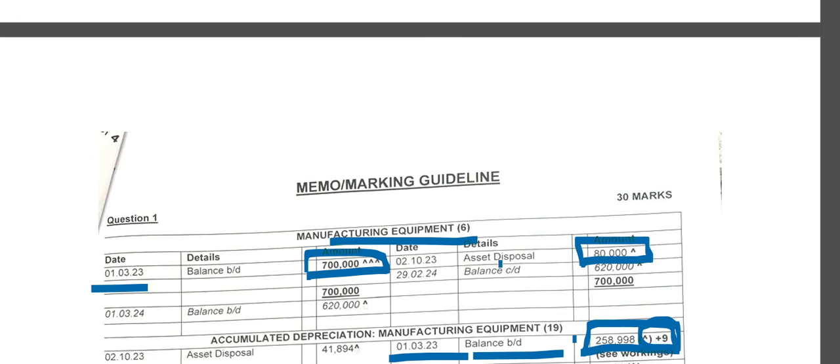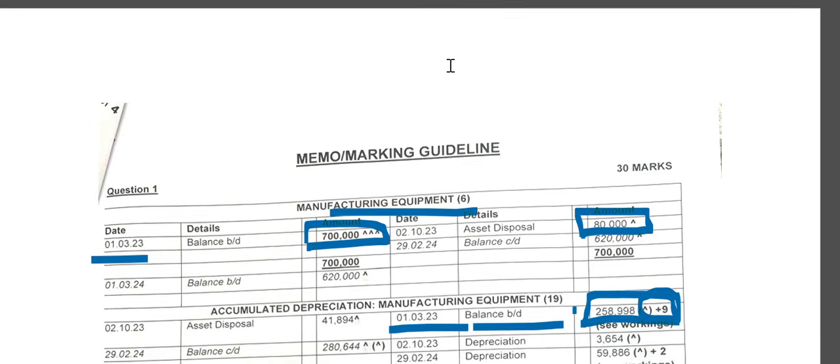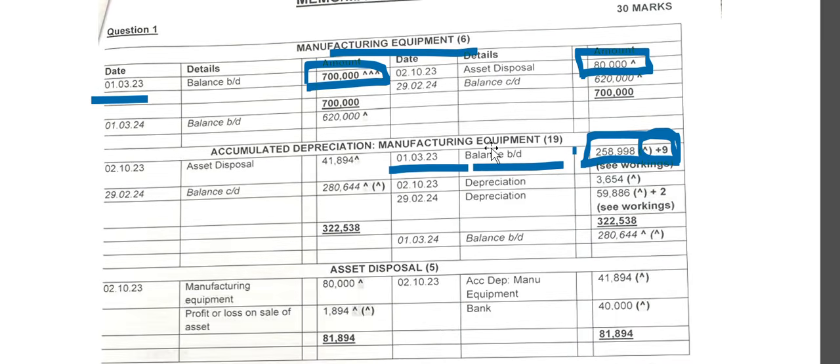So this account here is credited with 80,000, and we are going to take that 80,000 to asset disposal. We're going to debit asset disposal with the cost price of the item that we are selling.